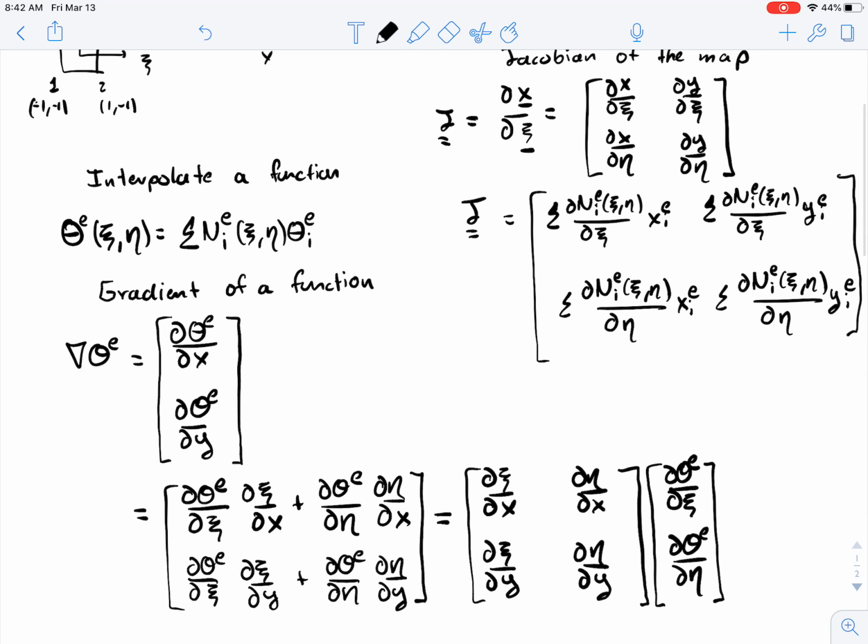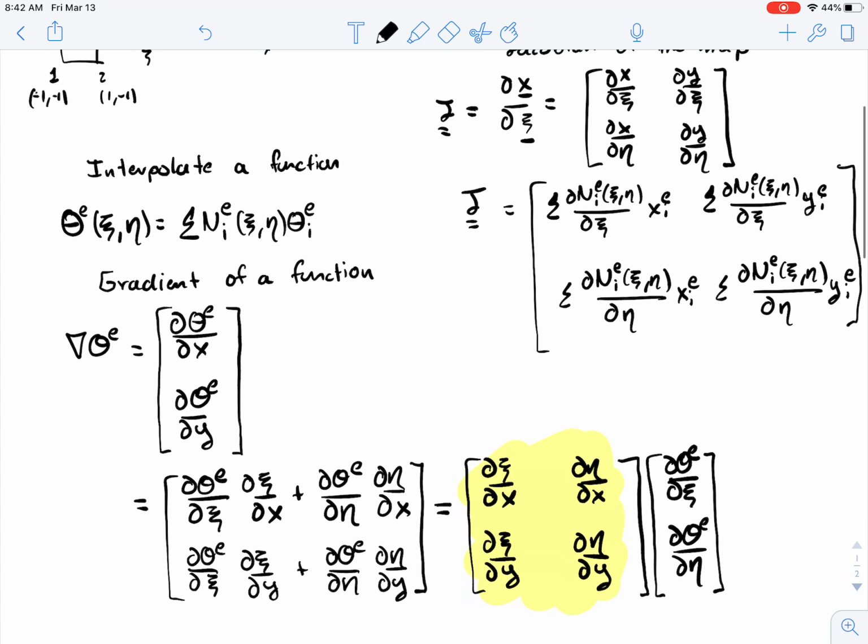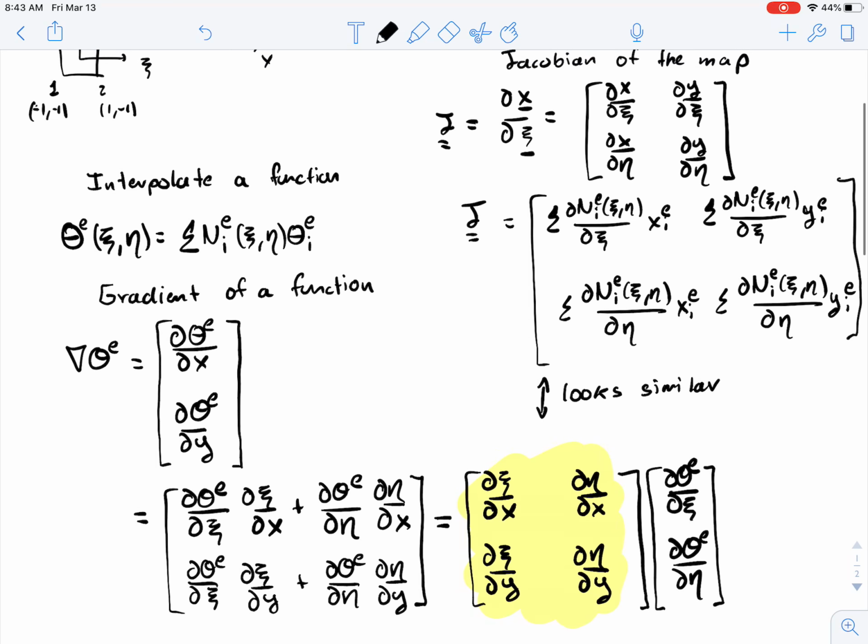First notice that this term right here looks a little bit like the Jacobian. Actually, it looks similar to this guy right here. It's just that it's reversed, right?